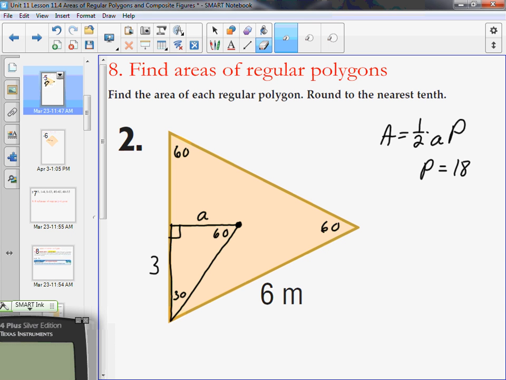The apothem is opposite the 30. It's the short leg of this 30, 60, 90. We know the long leg because it's opposite the 60. Do you remember? What do you do to the long leg to figure out the short leg? Divide it by the square root of 3. So the apothem is 3 divided by the square root of 3.